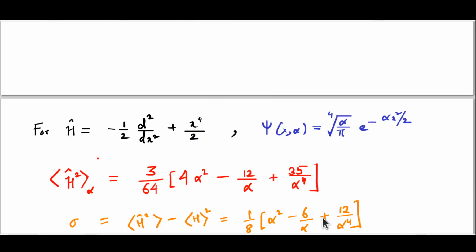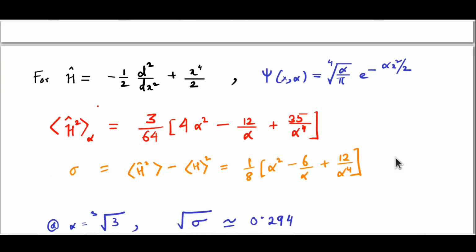To see whether this is any good, let us go back to our quartic oscillator. With the same trial family of wave functions that we had used, the normalized Gaussians, the calculation gets a bit lengthier at this stage, and I'm just going to quote the results for you. Let me point out that though the calculations are lengthier, they are actually well within tractable limits and can be done rather easily.